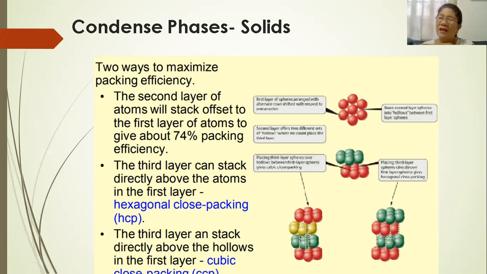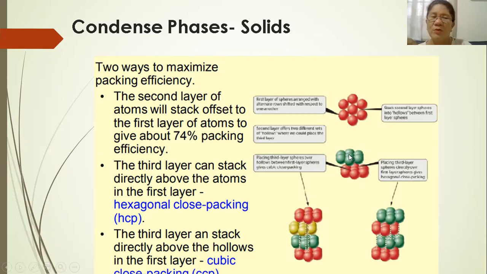Meaning, the importance here is looking into the next layer. So the next layer will determine its packing efficiency. Then the third layer can stack directly above the atoms. Take a look. This is the first layer. So you pack now the second layer. First layer, second layer.